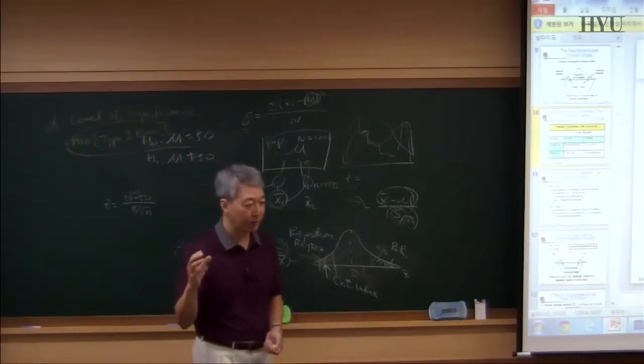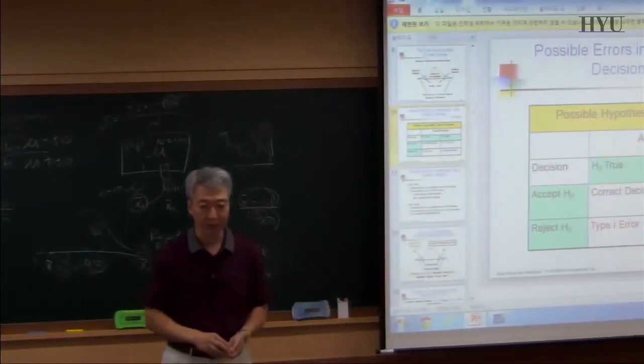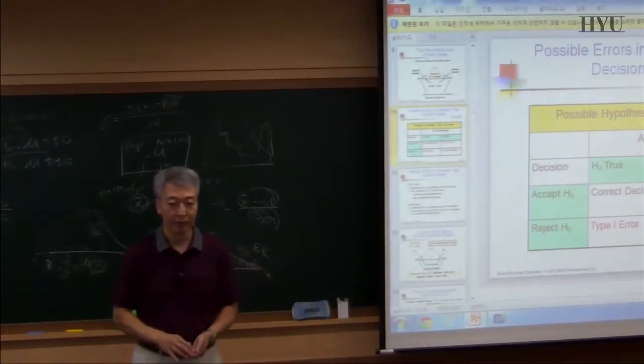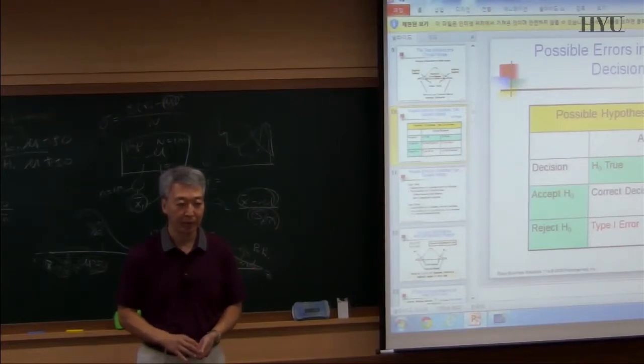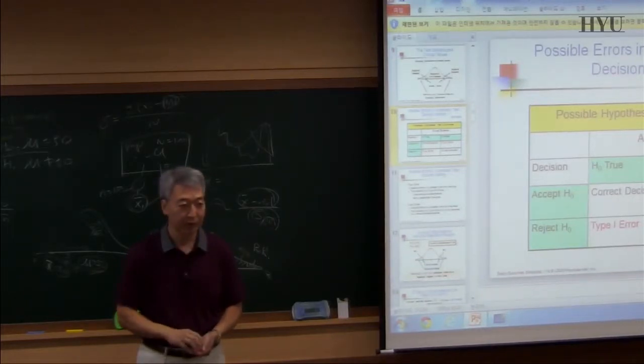In an actual situation, suppose you are producing some products. Many times we use the bottling example. Suppose you're running a Coca-Cola bottling plant, and each can should include exactly what? 12 ounces of Coca-Cola.